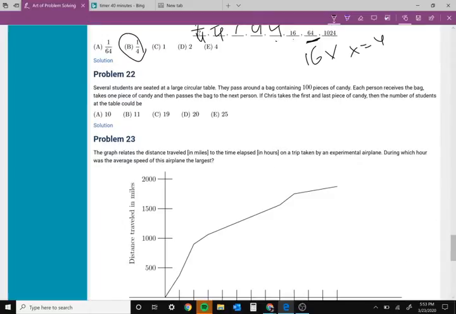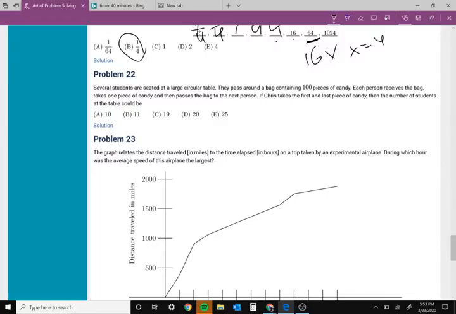Several students are seated in a large circle at the table. They pass out 100 candies, each passing it to the next person. If Chris takes the first and last piece, what could the number of students be? Okay, well, let's think about this.